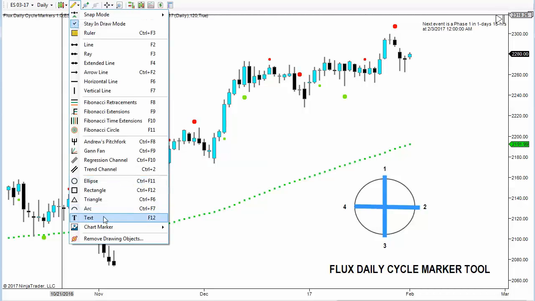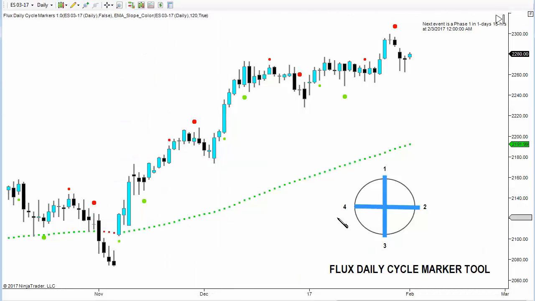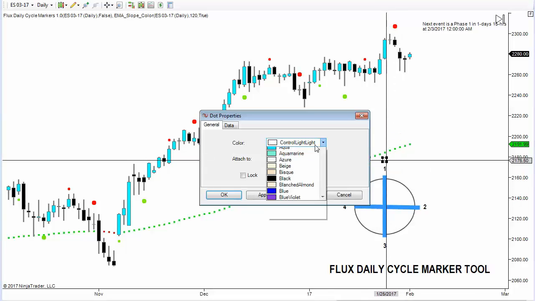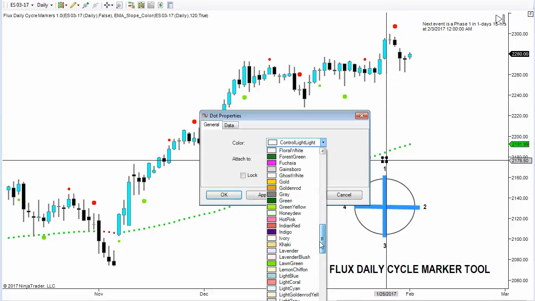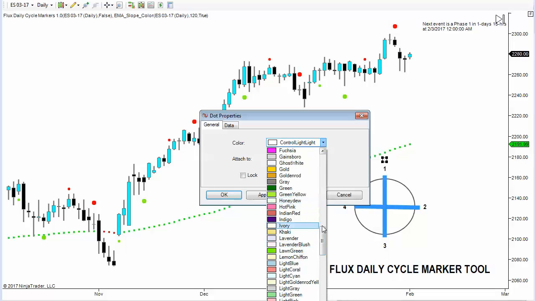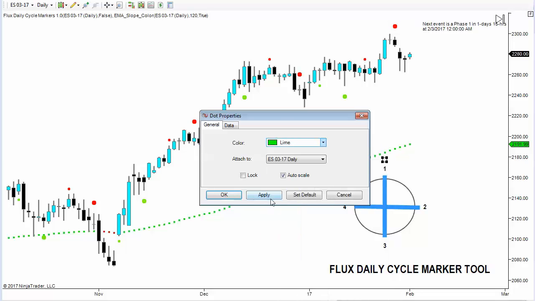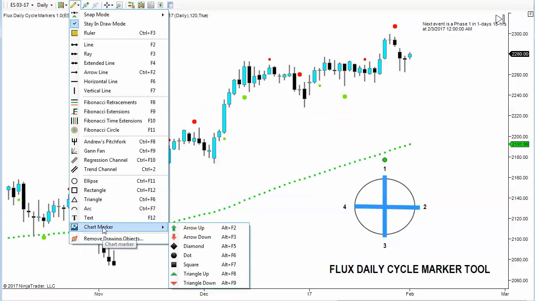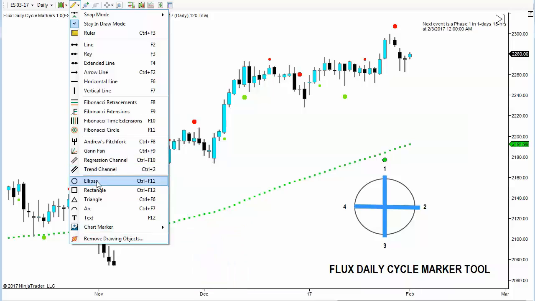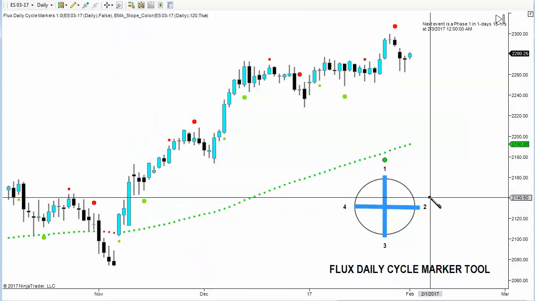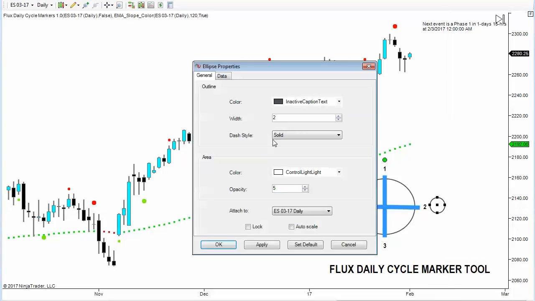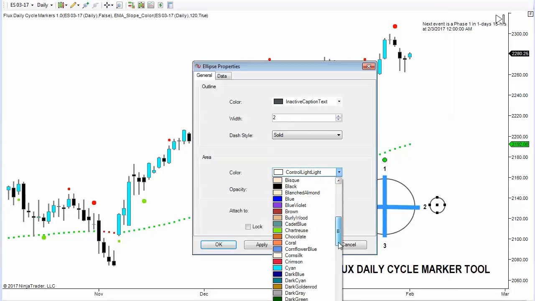The phase 1 on our chart is always represented by a small green dot, or at least the way I've got it set up. Of course, these are adjustable values, and you can change the sizes and colors of everything. The phase 2 on our chart is represented by a large green dot.